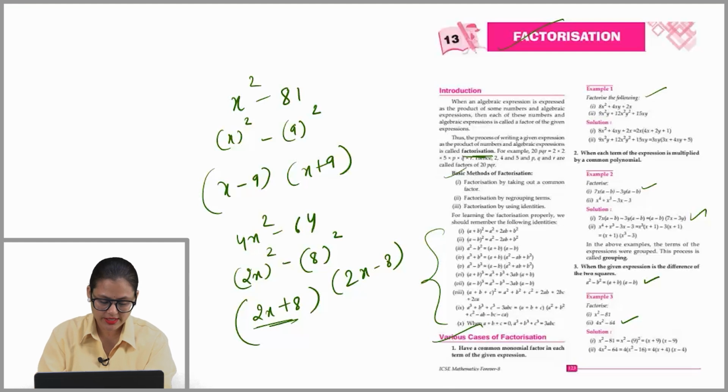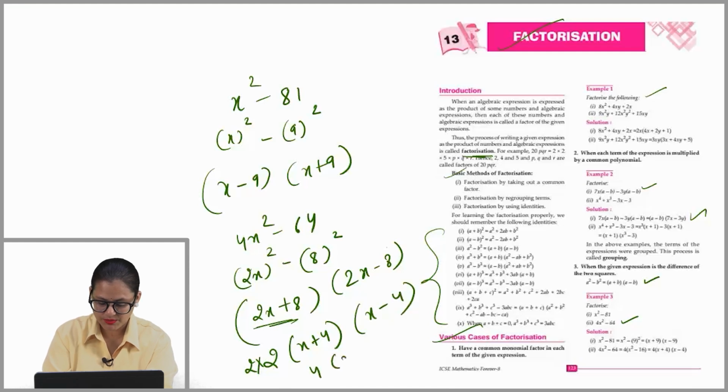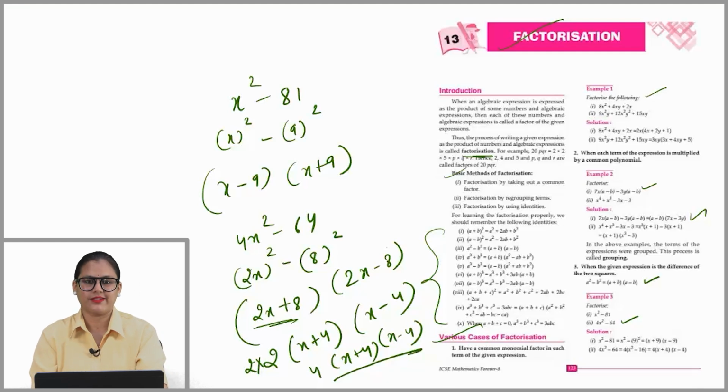So, we write 2(x plus 4) and here also 2 is common, so 2(x minus 4). So, 4(x plus 4)(x minus 4). This is the answer, right.